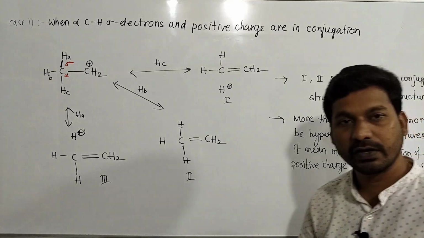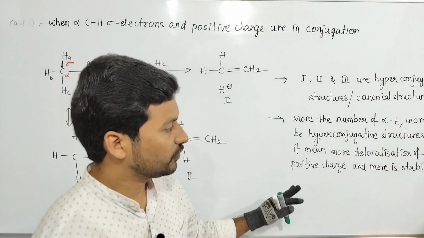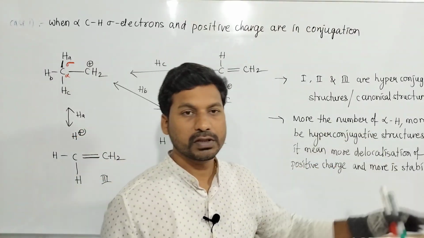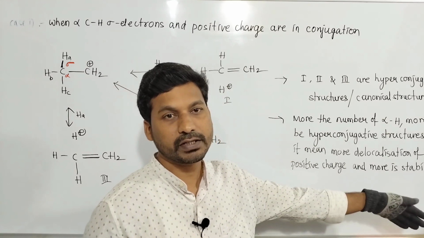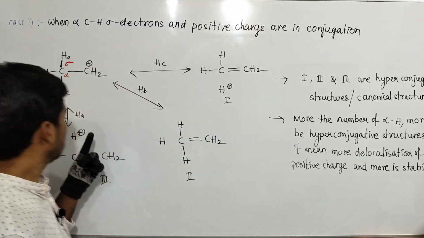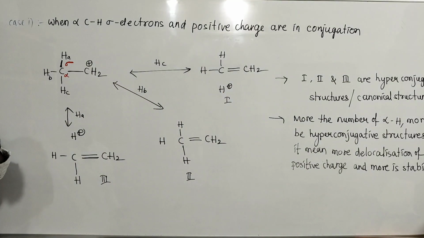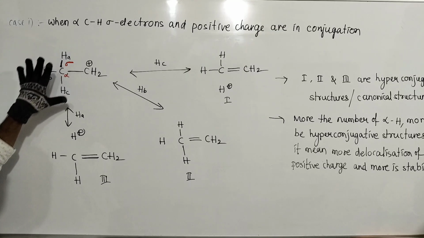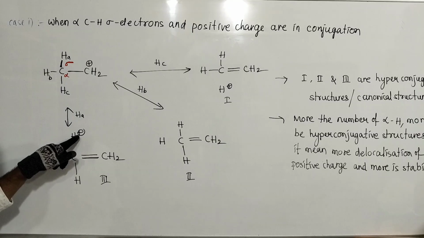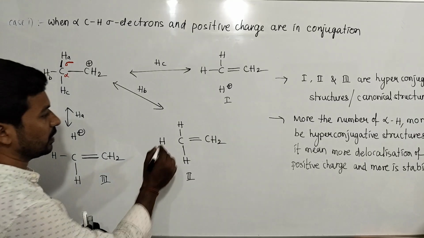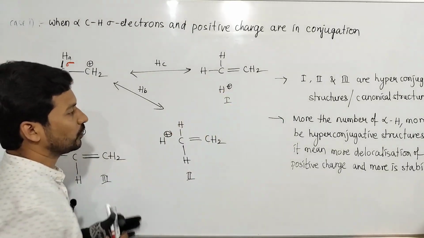More the number of alpha hydrogen, more the number of hyperconjugative structures, more is the delocalization of positive charge. Here 1, 2, this carbon, this hydrogen 3, and this is 4.